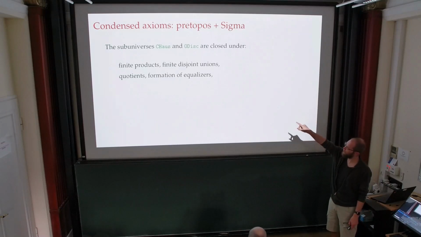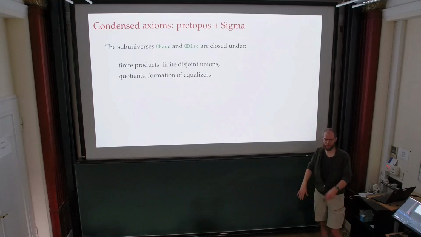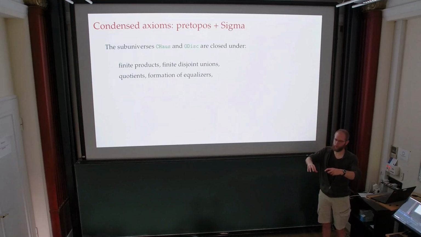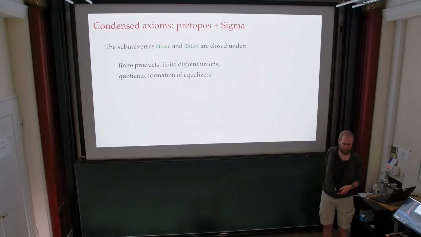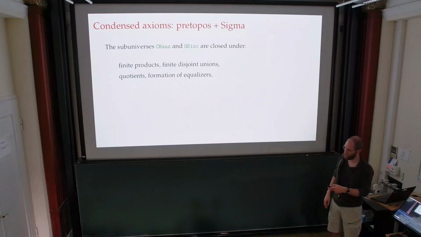I want to say equalizers, and I was talking about coequalizers. Anyway, if everything is living in a certain subuniverse, then these limits and colimits will also live in the same subuniverse.